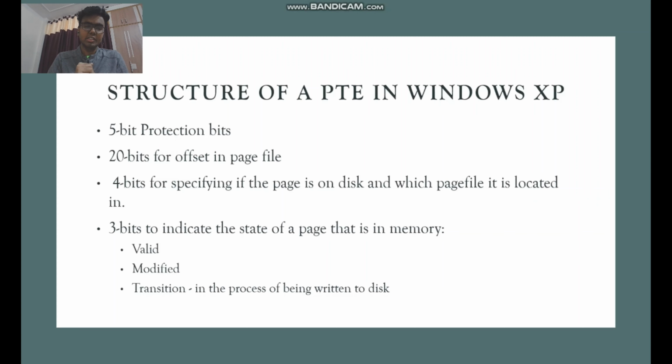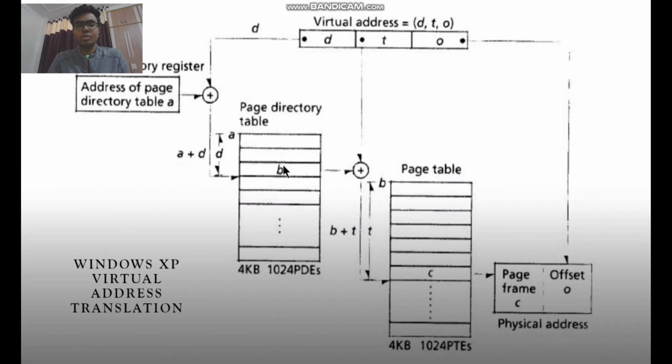Now, how does the virtual address translation take place in Windows XP? From the page directory register, the address of a page directory table A is taken, which is of the size of 32 bits. Now that address is divided into 3 parts: D, T and O. D and T are both 10 bits each, and O, which is the offset, is 12 bits.